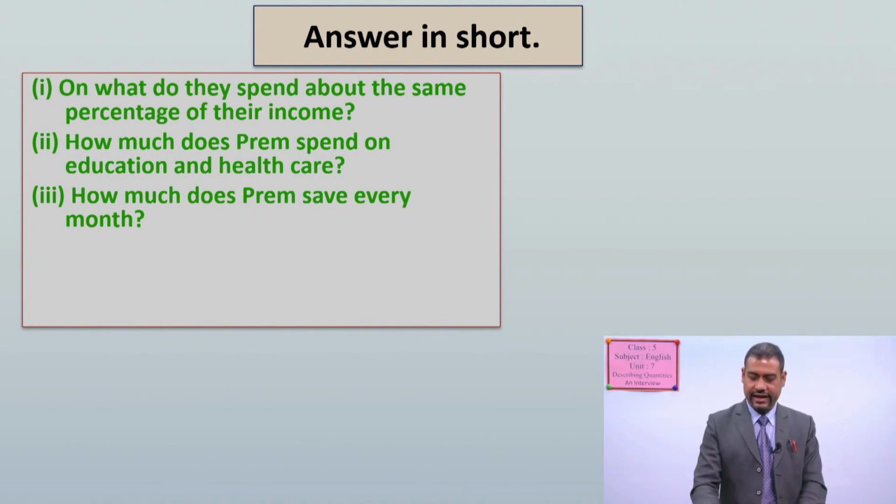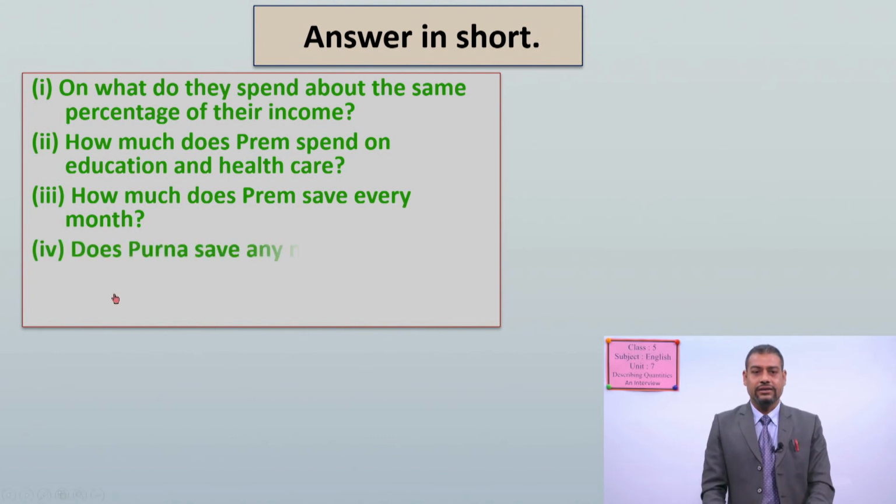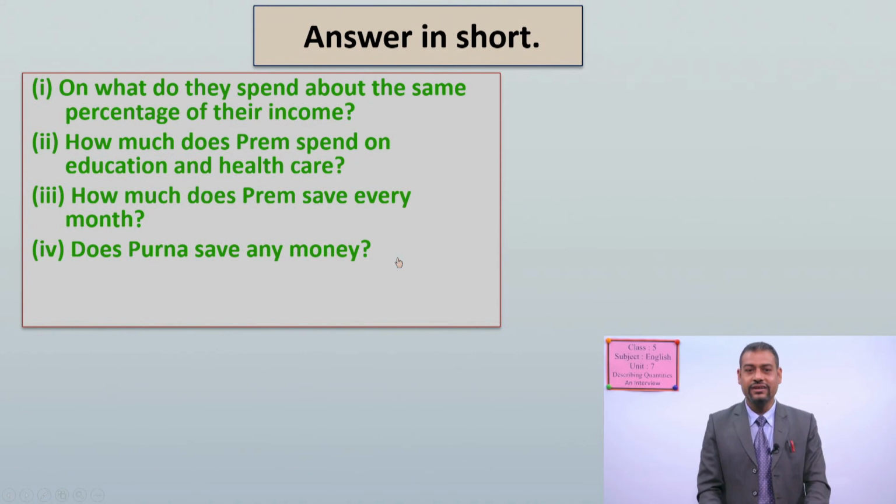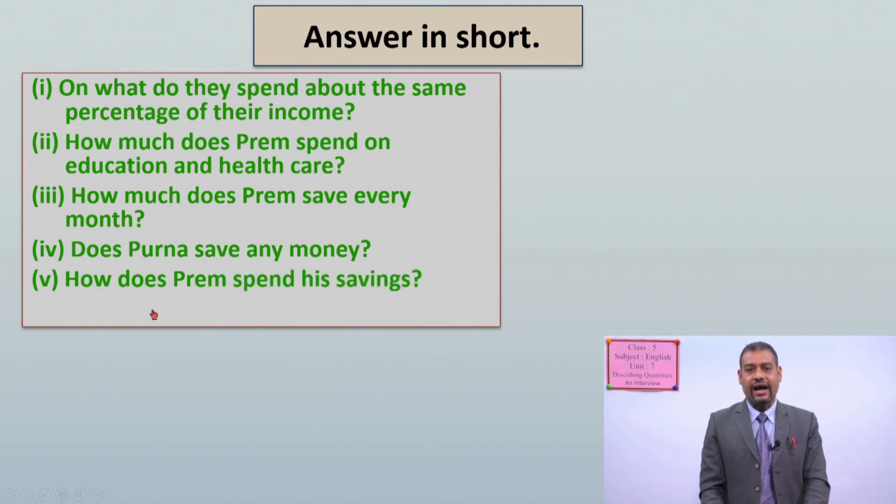Another question we have is, does Purna save any money? So you have to find out whether Purna also has saving or not. It's very clear, and when we fill the table, we know about this because the data clearly shows us. Now another question is number 5: how does Prem spend his saving?